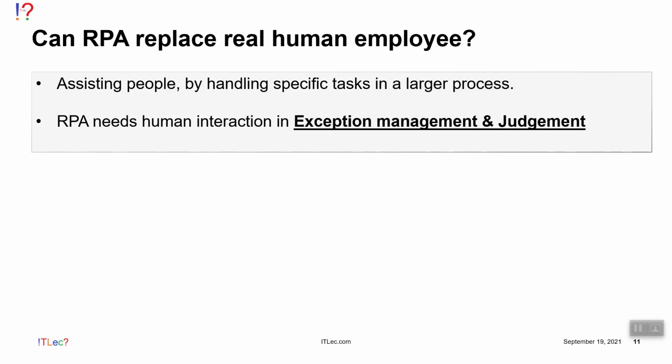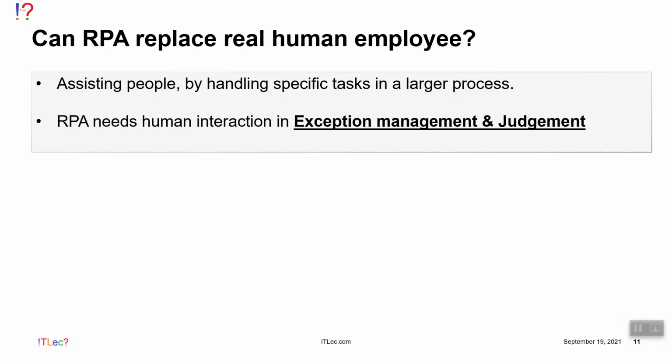Robots are the best for repetitive tasks. But at the end of the day, RPA needs human interaction in exception management and judgment.